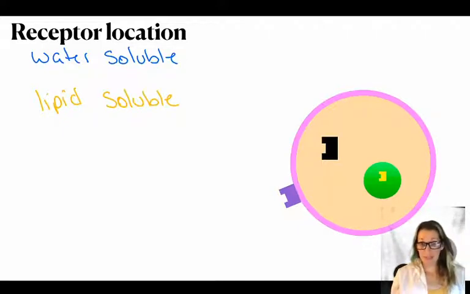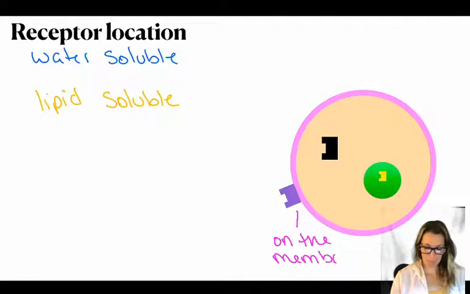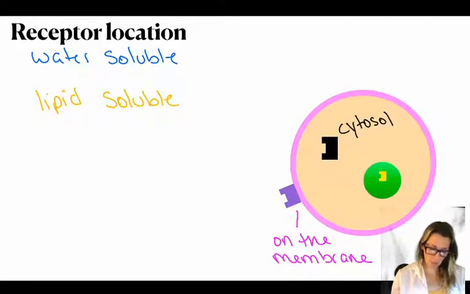And then our receptors can be in different locations. Our receptors can be on the cell membrane, or they can be inside the cell. And there are two locations inside the cell. They can be in the cytosol, or they can be inside the nucleus.